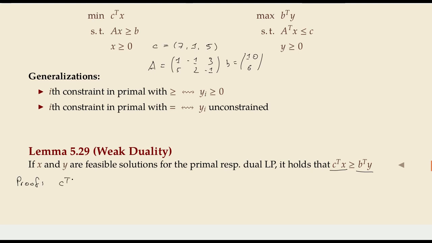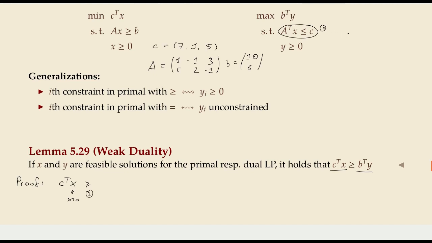We start with c transpose x. Now, since x is greater or equal 0, and we know something about the c here, so here we essentially use 1, but we transpose it first.